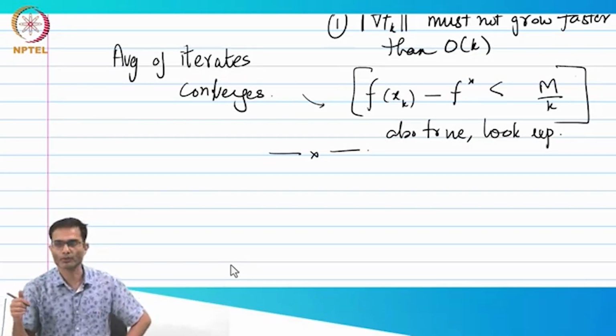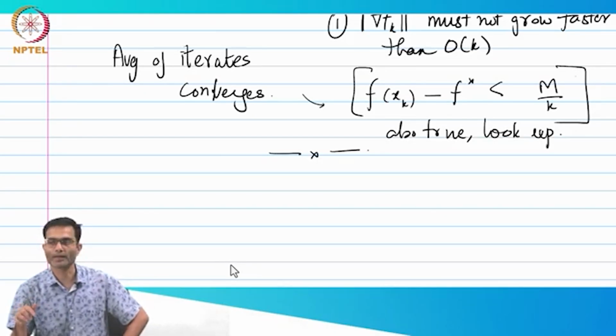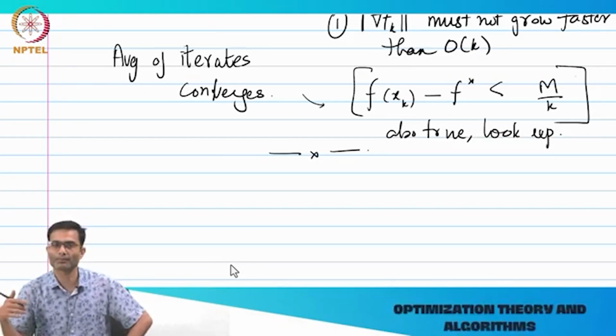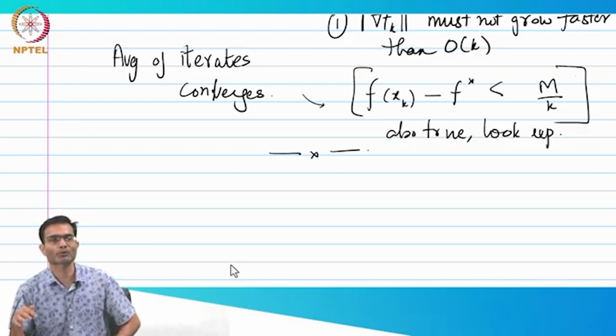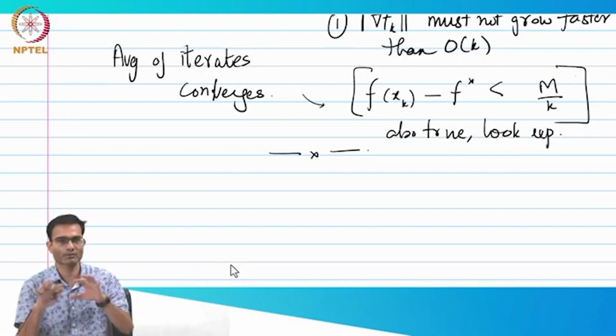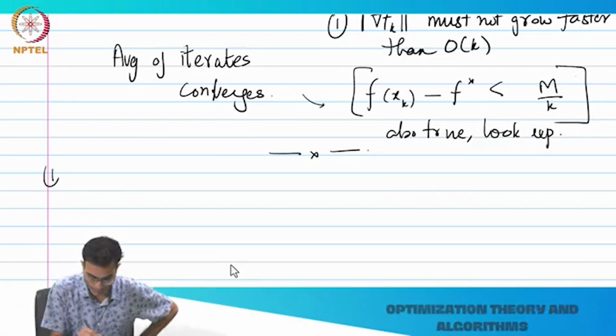Okay. So I'm going to show you just one example of this projection operation. And in subsequent classes, we'll come up with a little bit more complicated examples. Okay, so the simplest example that you can think of is projection onto a feasible set, which is a ball. That's the first projection example that we're going to take.